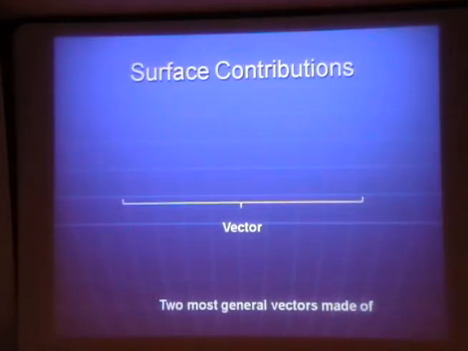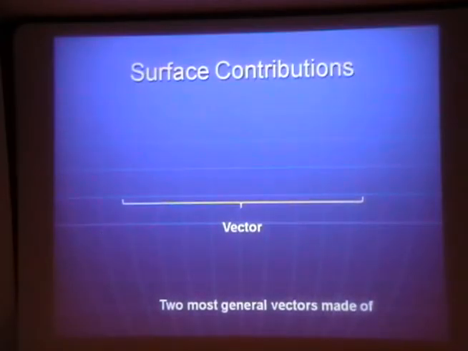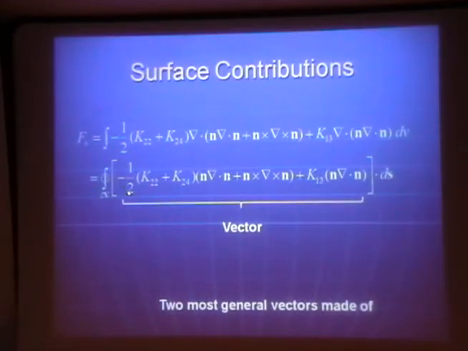This is a surface contribution. This is the divergence of a vector. So when you take the volume integral, that divergence term can be converted to a surface integral.